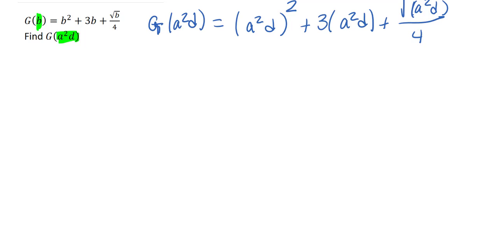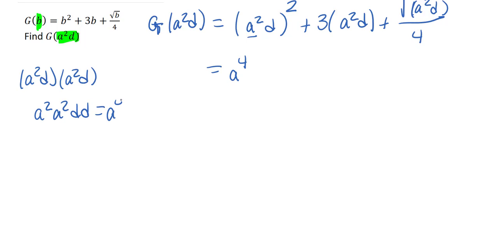So we have a squared d, all squared. Now we deal with each variable by itself. A squared and then squared again just becomes a to the 4th. All we're saying is that if we show it like this, we have a squared, d, and d.